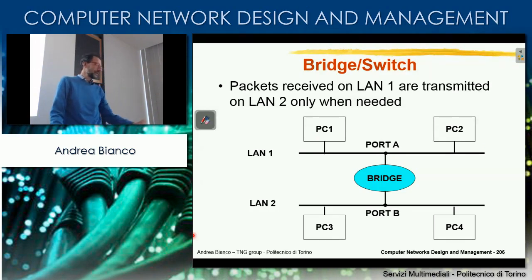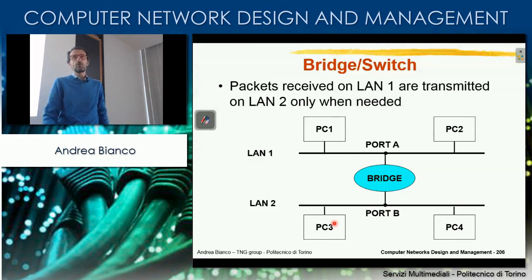Because if this is not the case, which means that bridges in any case will take the packet and send it on any output port, we will lose completely any advantage in terms of performance. Remember, the performance advantage is there only if you are able to exploit traffic locality. Traffic locality means that traffic which is local to LAN 1 is not going to be forwarded in LAN 2, or in general LAN 3, LAN 4, any LAN you have in your net.